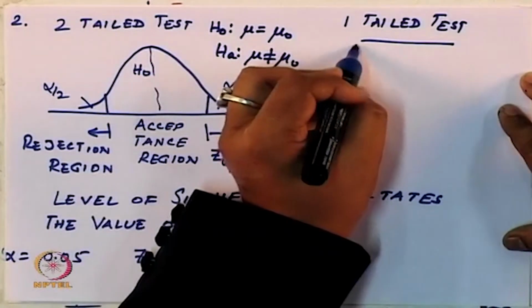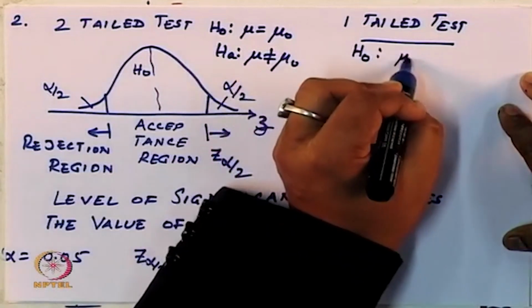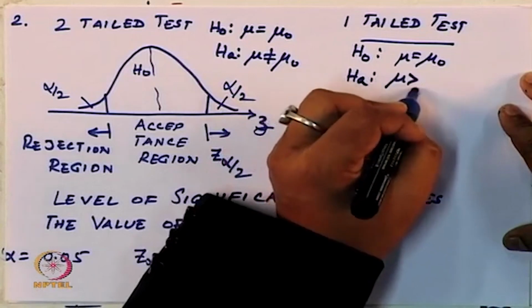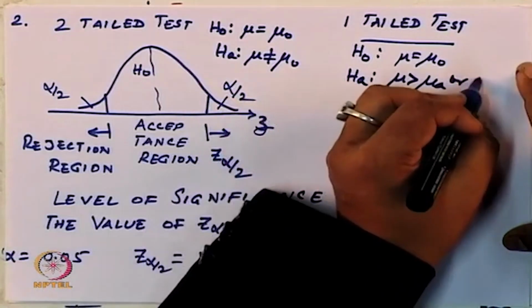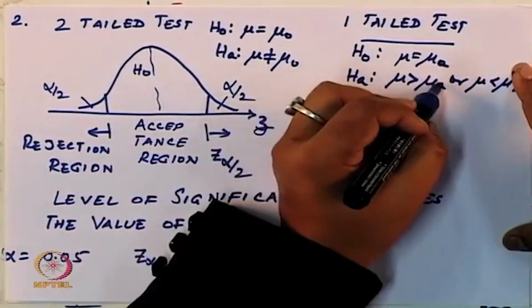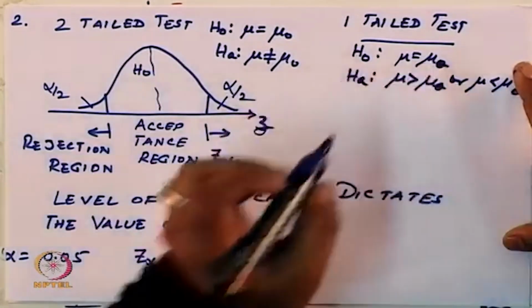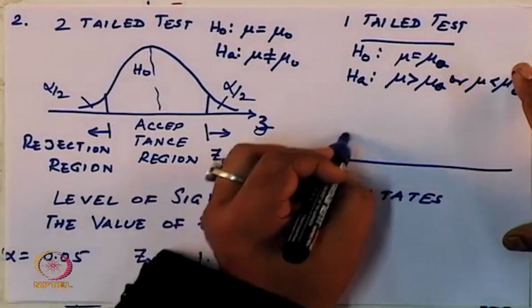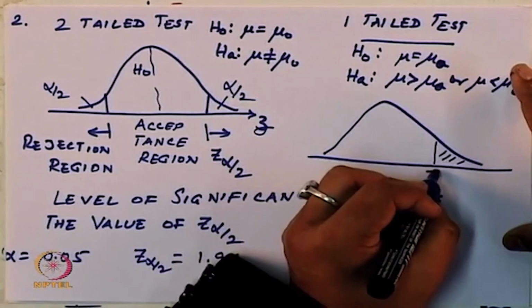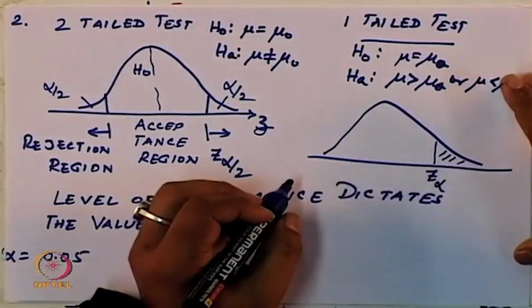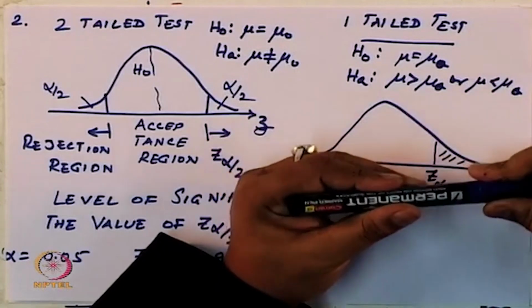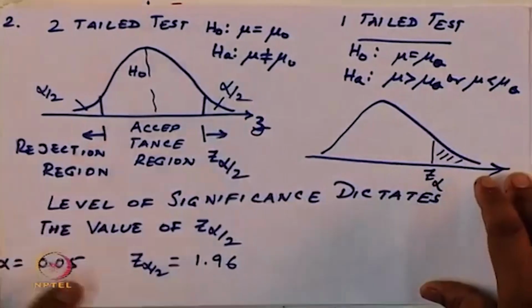For the one-tailed, my H naught is mu equal to mu naught and HA is mu is greater than mu naught or mu less than mu naught. And for the one-tailed test, you are only concerned about this area. So, you call this z alpha, and depending on the value of alpha, you can accordingly change the value of z alpha.